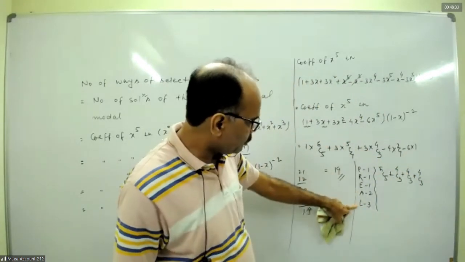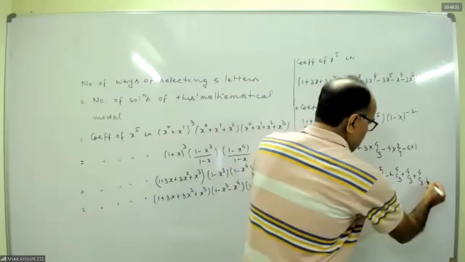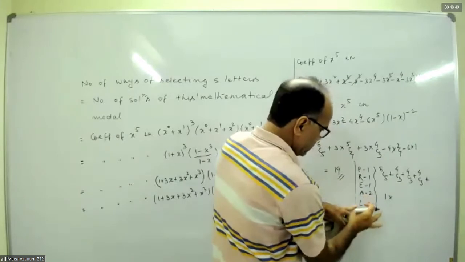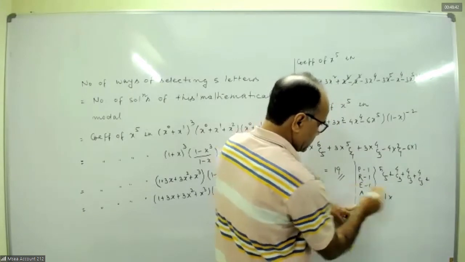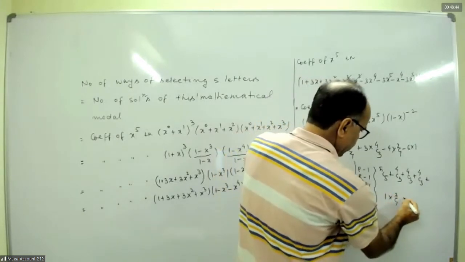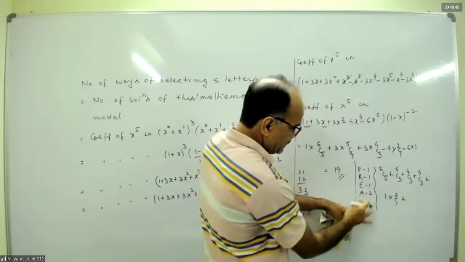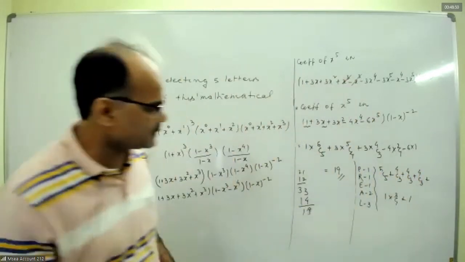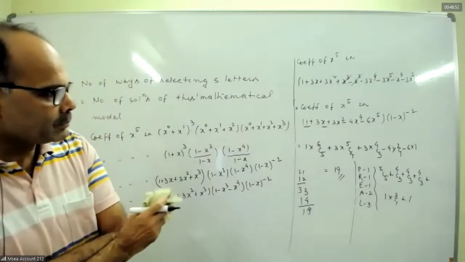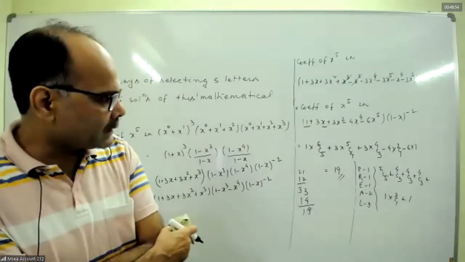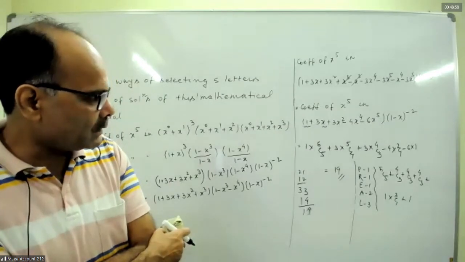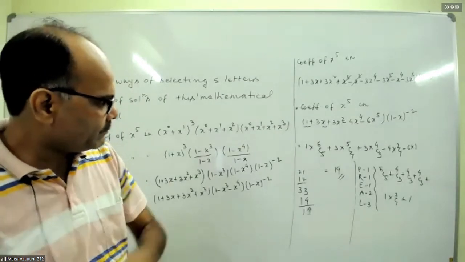Then 2 else 1 distinct, 3C1, and 3 else 2 is 1. Check it. How much is this? 12, 13. Is any case being missed? No, sir.